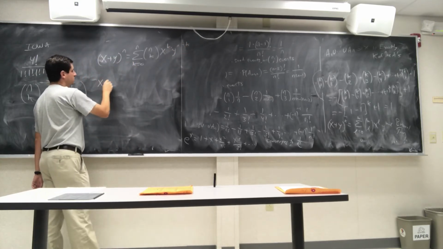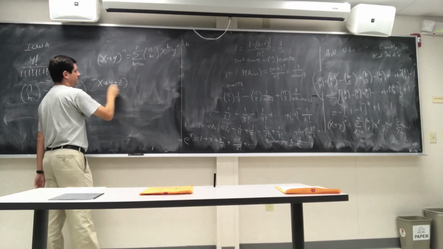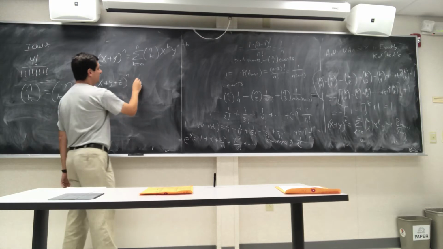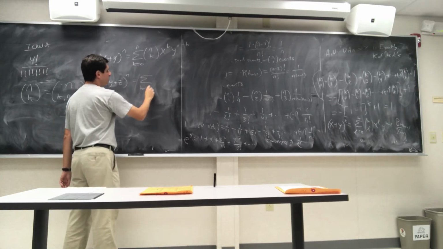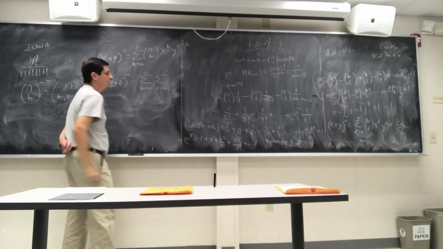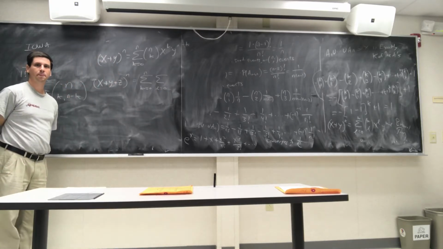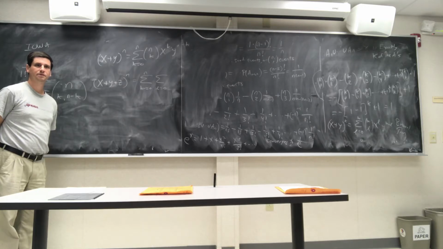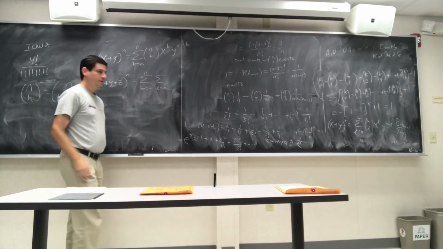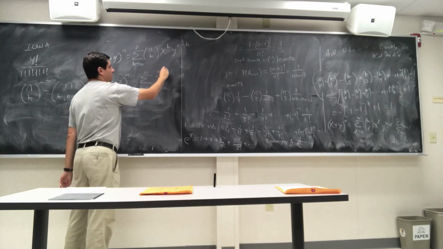I could look at x plus y plus z to the n. And this should now be like a double sum. The sum k goes from 0 to n, the sum L goes from 0 to how large could L get to? It'll go up to n minus k.